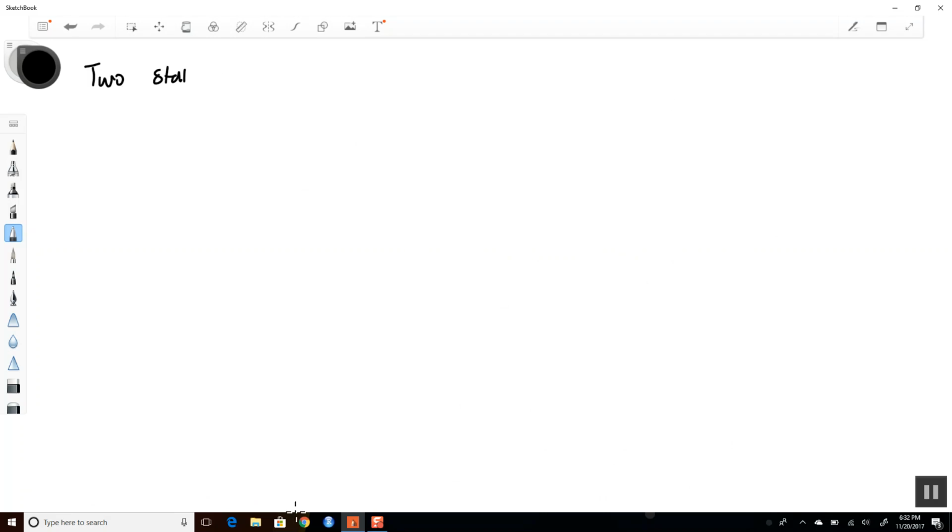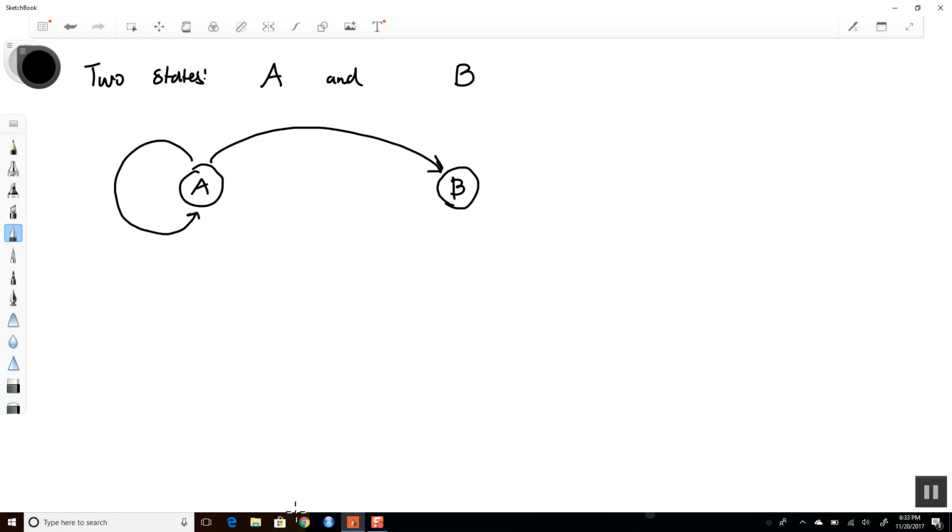We'll say two states, A and B. From A, you can either transition to B, or if you wanted to, you can stay put in A, represented by the arrow going back to A. So if you're at A, you can go to B, or you can remain in A, okay?